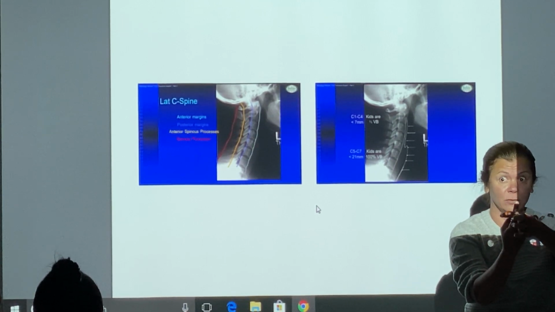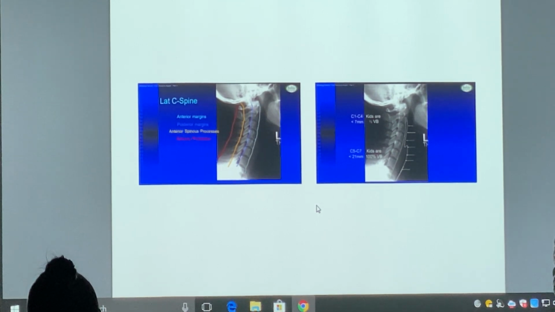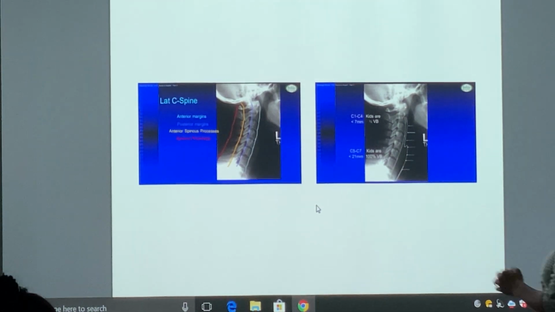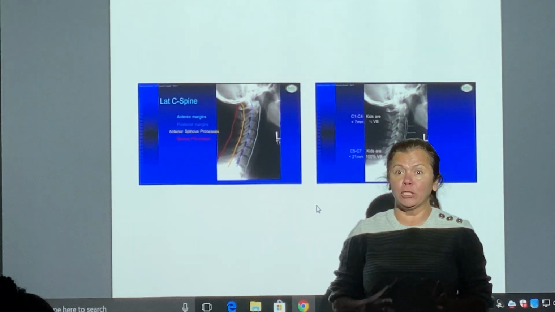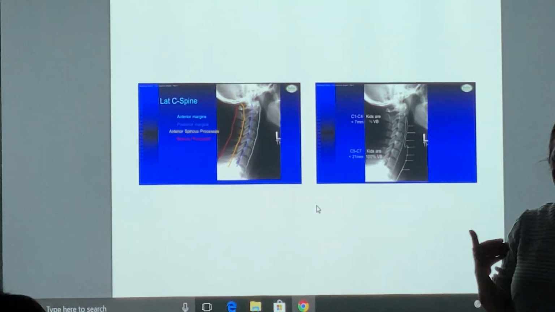Sometimes it's not visible, but it is there, but the only way to see the odontoid process, for your clinical experience and also for exams, is to do an open mouth view. You have to open your mouth and the x-ray goes through the mouth to be able to see the axis, the odontoid process. So, but first of all, the most important for basic entrance level is to see if the spine is aligned, okay?